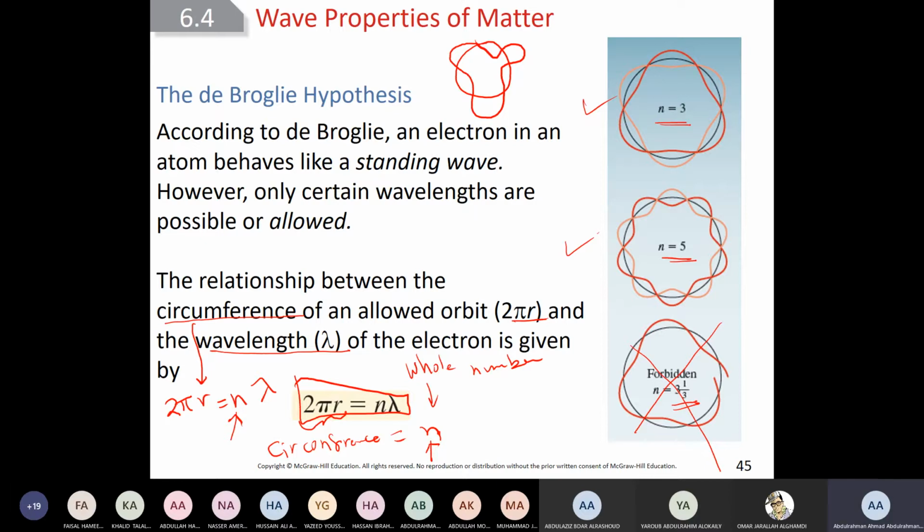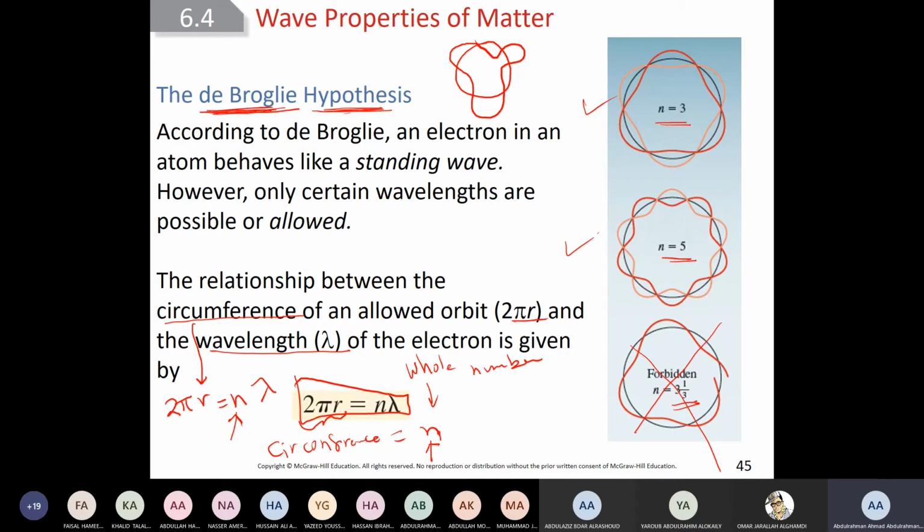Clear? Which is 1, 2, 3, 4. As I said, what's the name of the scientist? De Broglie. De Broglie hypothesis. Hypothesis means assumption. Don't forget the name of the scientist, de Broglie.